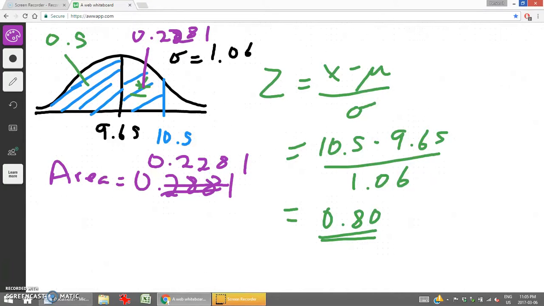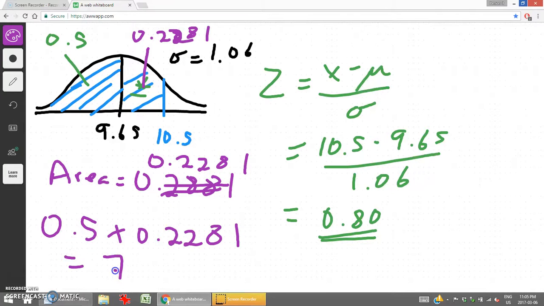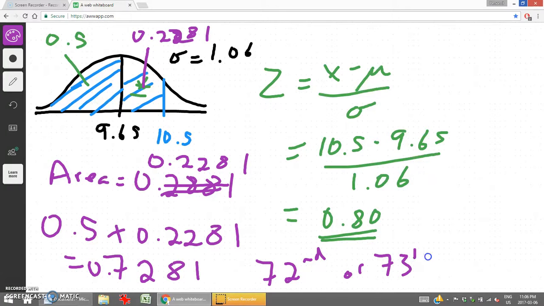So our answer, the percentile that this child is, is 0.5 plus 0.2281, which gives us 0.7281. So that child is in the 72nd or the 73rd percentile, somewhere in there.